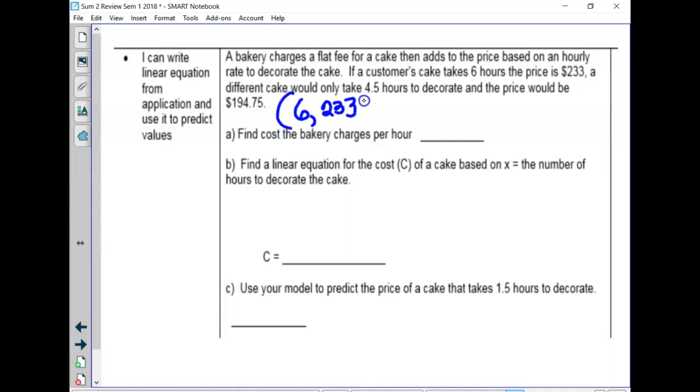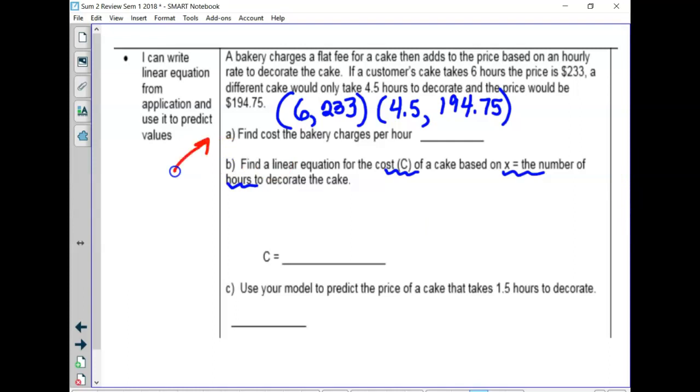Now, if you're not sure how to write that, like which way the ordered pair goes, down here it says the cost where X is the number of hours. So 6 hours is the X and 233 is the cost. And then it says a different cake was 4.5 hours and cost $194.75. Well, could we make nice numbers there, half hour? How do we find the cost per hour?